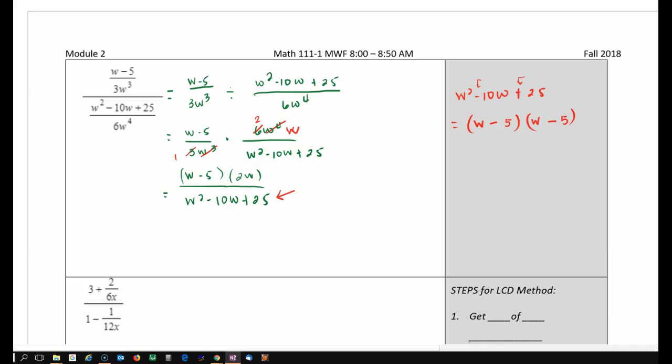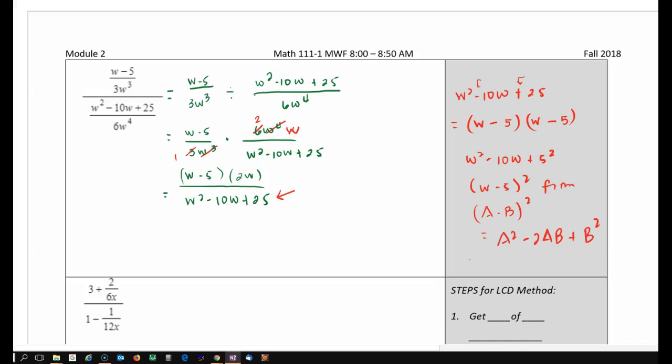You could also have noticed that this is just the square of a binomial. So you can right away say that w squared minus 10w plus 5 squared is w minus 5 squared, coming from the formula a minus b squared is a squared minus 2ab plus b squared.